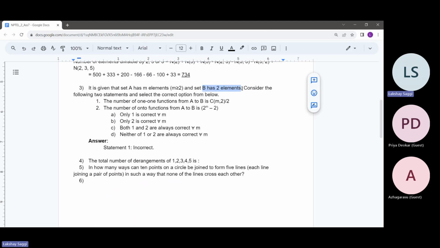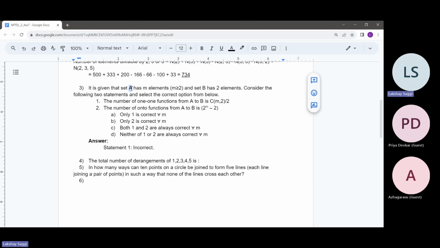If you remember our discussions from the last-to-last week, we discussed that if there is a one-one function from set A to set B, then the cardinality of set B must be greater than or equal to the cardinality of set A. I'm not typing all of this, I'm just discussing what we discussed in the past. So basically, for a one-one function to exist from A to B, the cardinality of B should be greater than or equal to the cardinality of A.